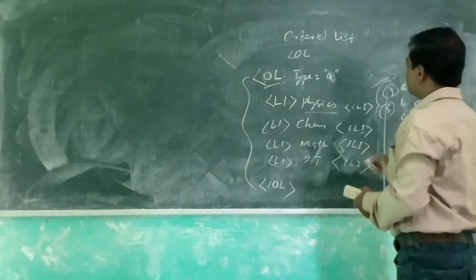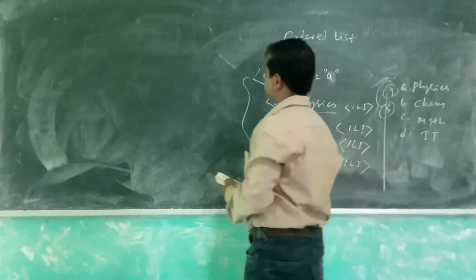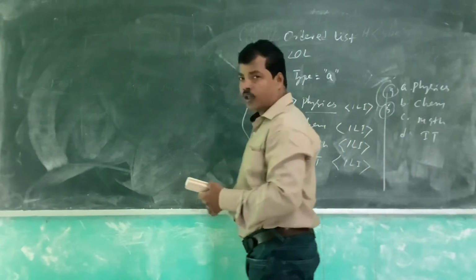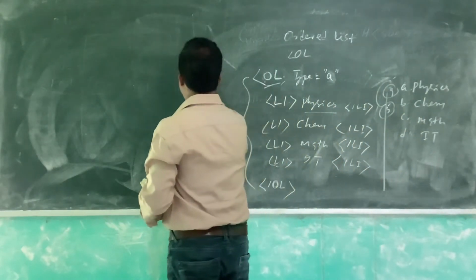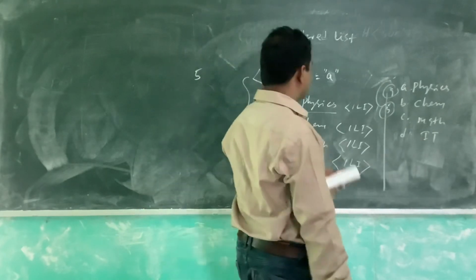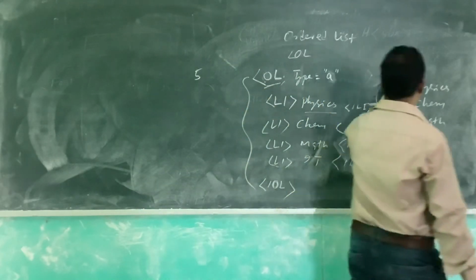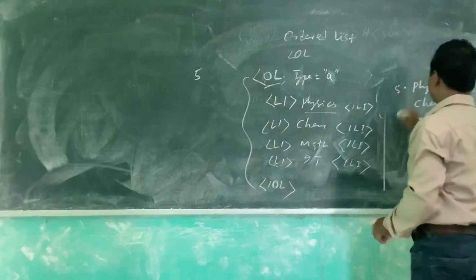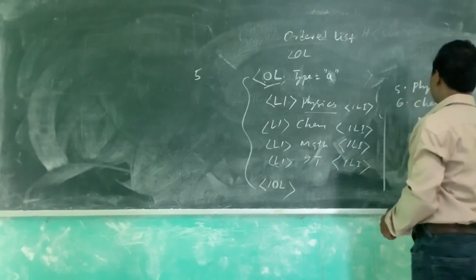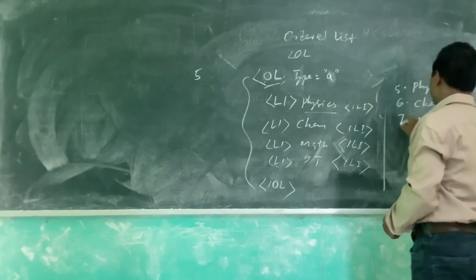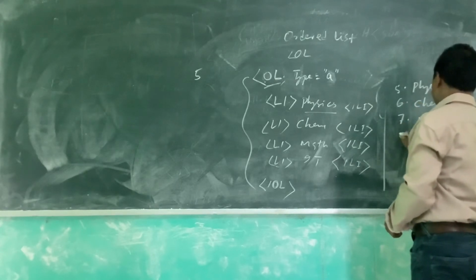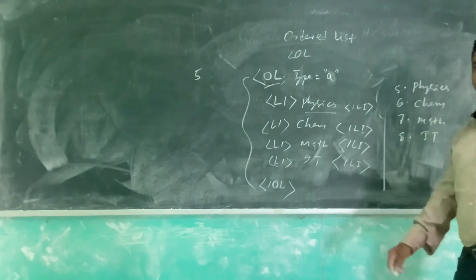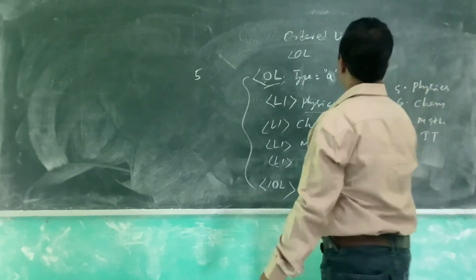So if you want to start the ordered list from 5, that means you want the output like this: 5 physics, 6 chemistry, 7 math, 8 IT. How can you do this?